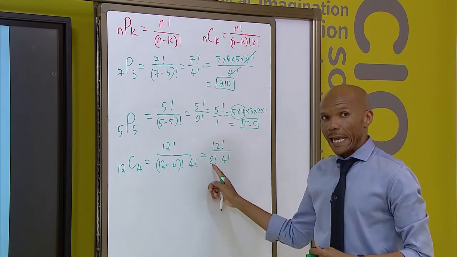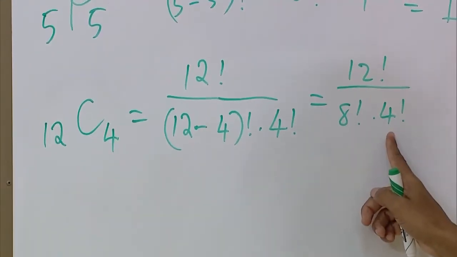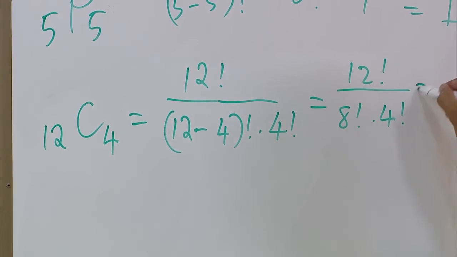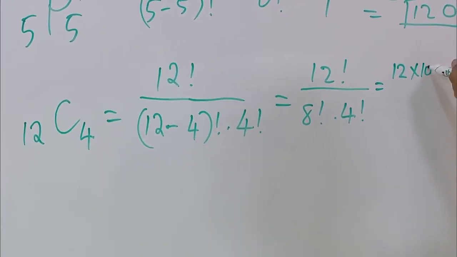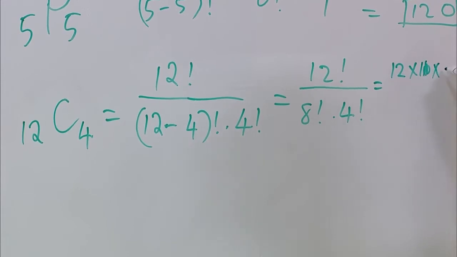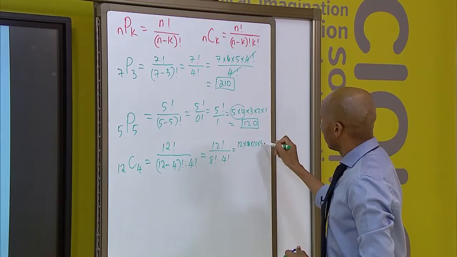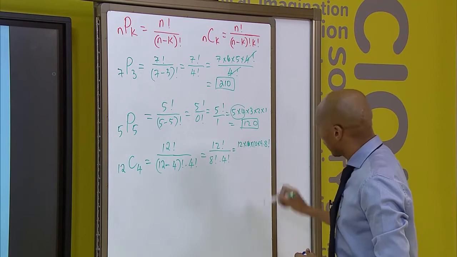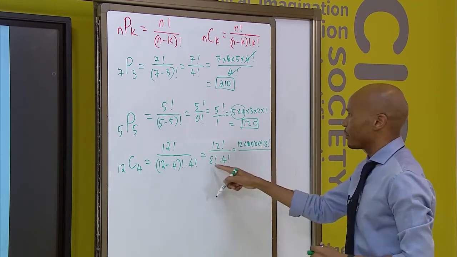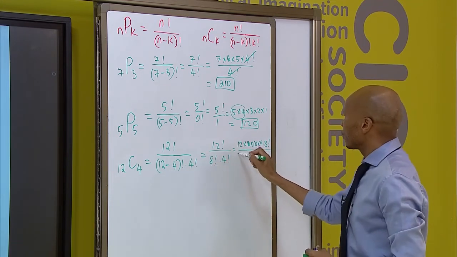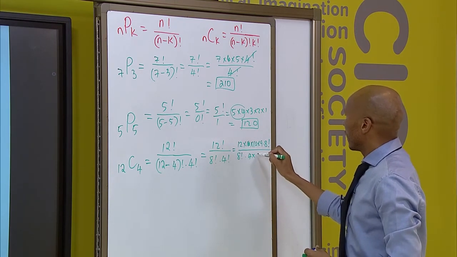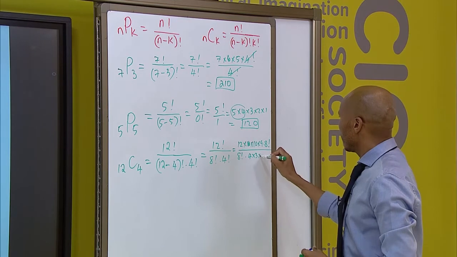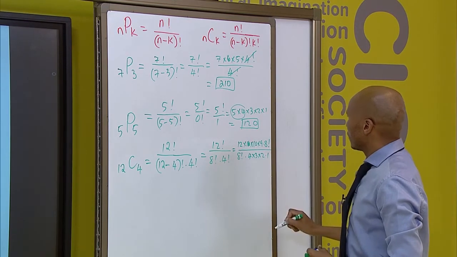You don't multiply 8 times 4. No, you don't do that. So that will be 12 times 11 times 10 times 9 times 8 factorial. Why am I saying 8 factorial? Because I want it to cancel with the one below. So you're going to have 8 factorial times 4 times 3 times 2 times 1.